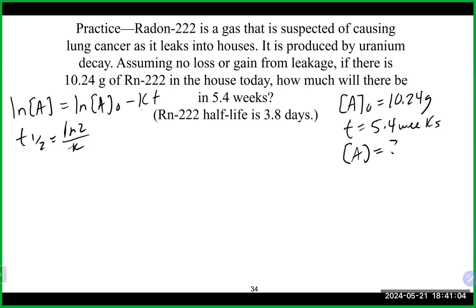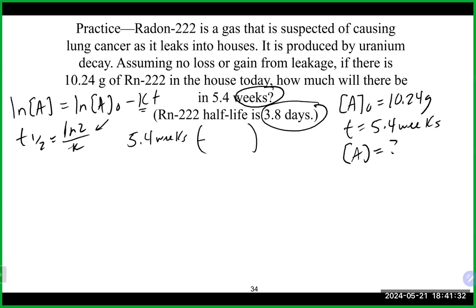So once again, we are missing our decay constant, so we're going to use our half-life. Our half-life is actually in days, and our time is in weeks. So at some point, you do need to do a conversion so everybody's in the right units. It really doesn't matter which way you go, but you want to get everybody into the same units. So we'll take weeks into days.